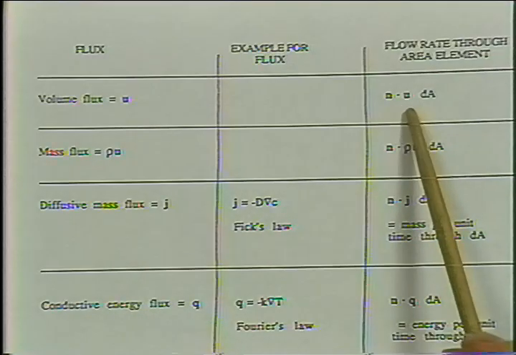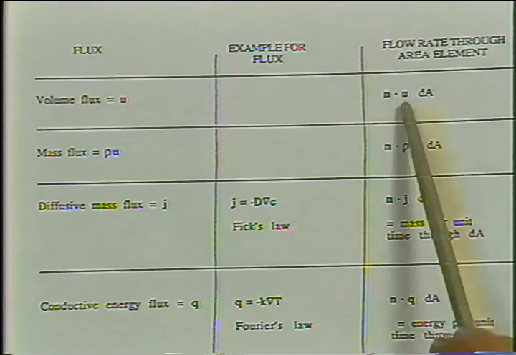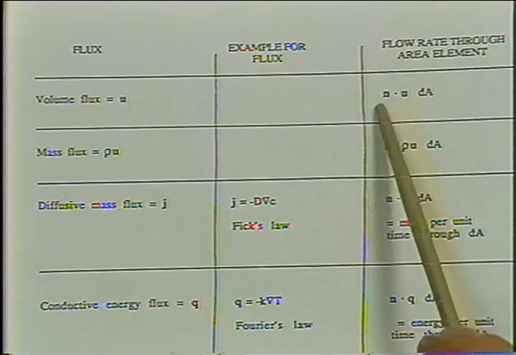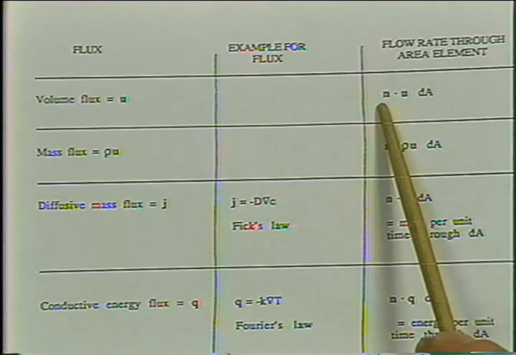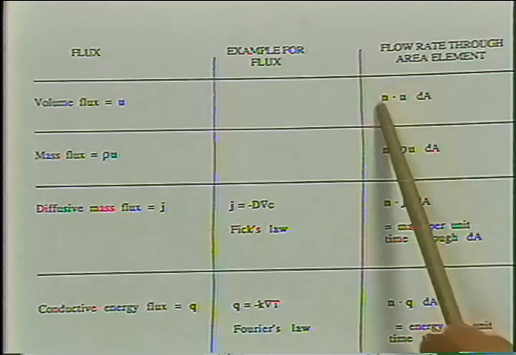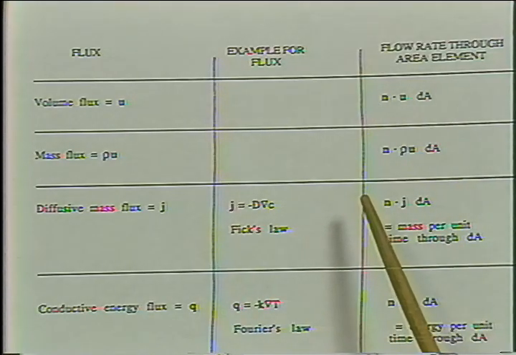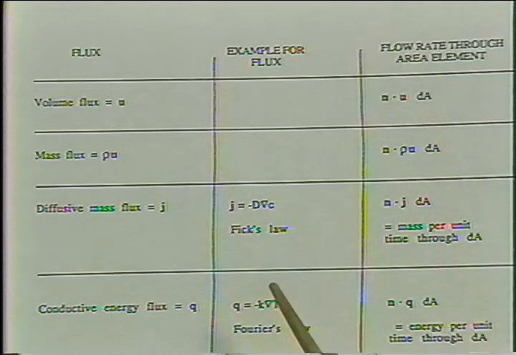So if you project the velocity into the normal, that would be the normal component of the velocity to a surface area, and you multiply this with the surface area, then you have the total flux, or the amount of fluid per unit time going through the area element.